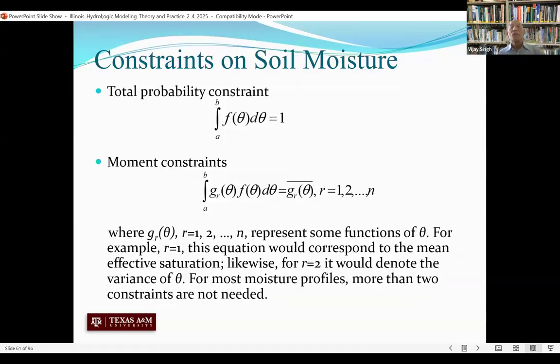You can also apply the entropy method to derive the soil moisture as a function of depth in the soil horizon, and then you can also express the time history of soil moisture. In the case of soil moisture, remember, there are three phases: the wetting phase, the drying phase, and the mixed phase.